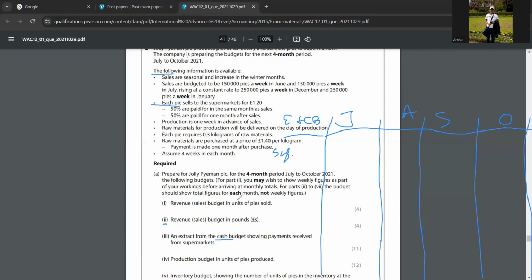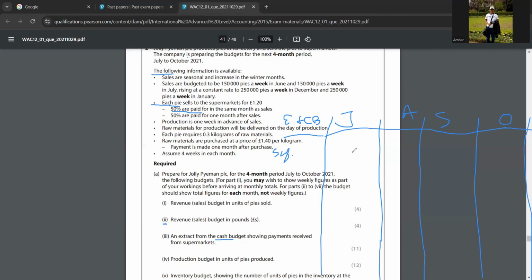So when you are doing this cash budget, you have to look at the sales budget, because they are saying 50% are paid for in the same month as sales. So from the second one's answer that you got, sales value 720,000 into 50%, because they are saying 50% are paid. So you have to get that here.